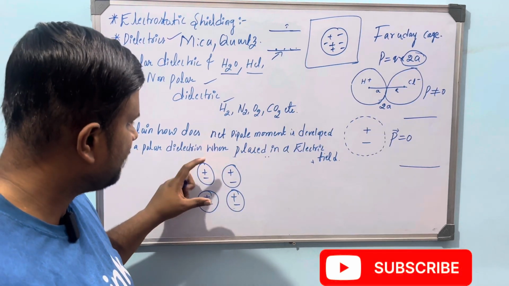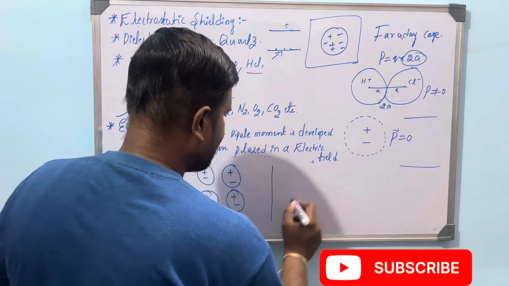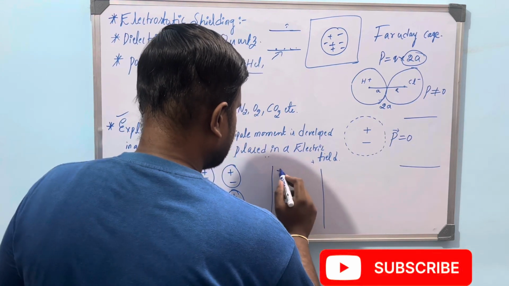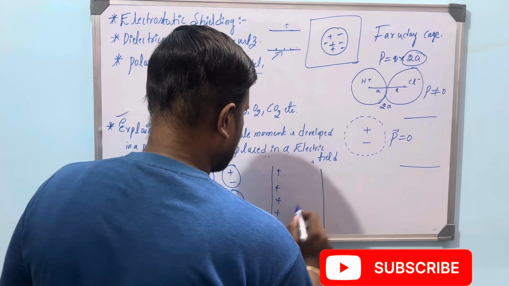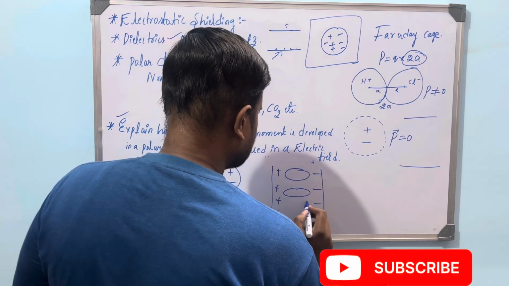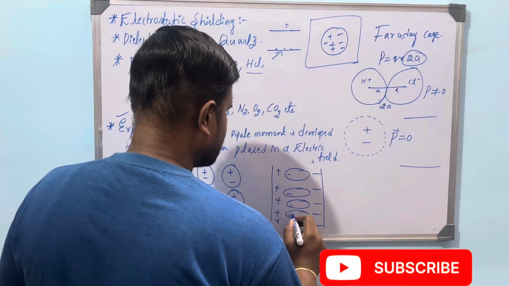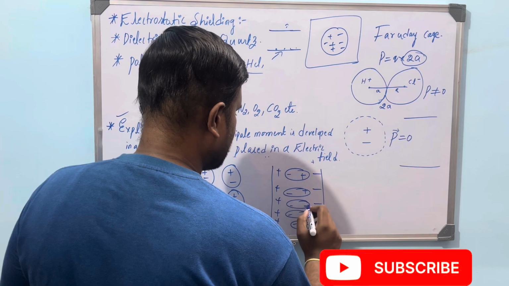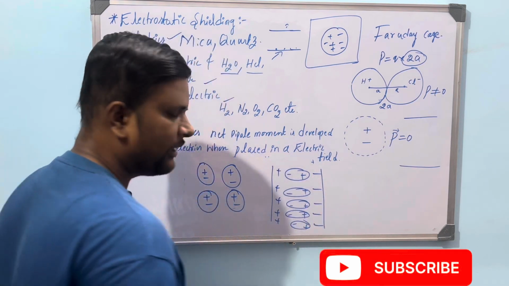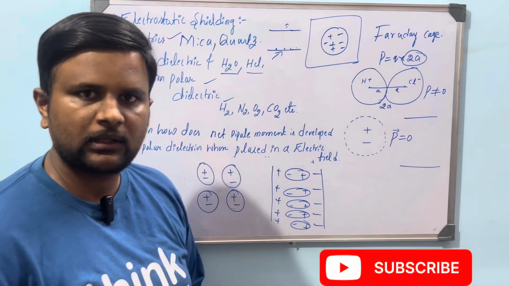Suppose I place this non-polar molecule inside the electric field, what happens? Again a separation happens, or polarization happens. Polarization means the separation of charges. Negative charges accumulate here, positive charges accumulate here, and the net dipole moment develops. This is the concept. Thank you.